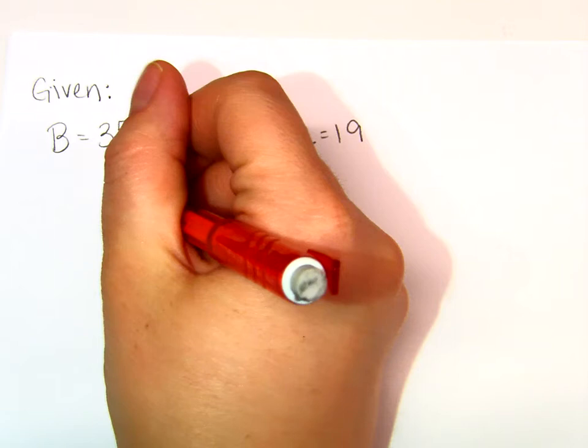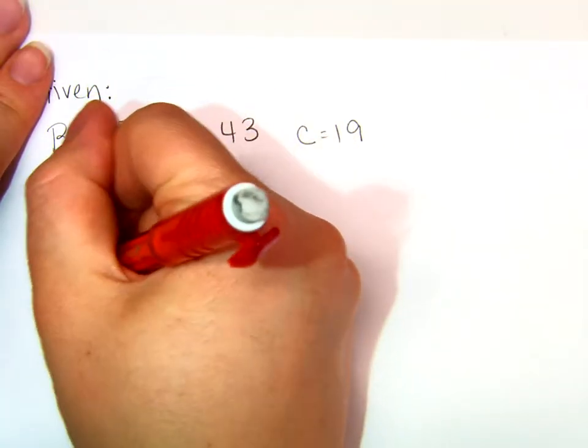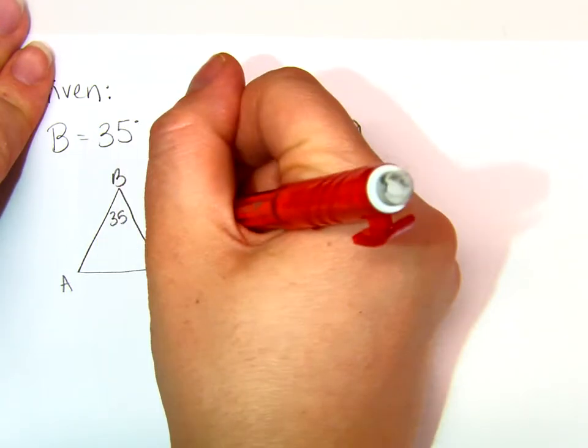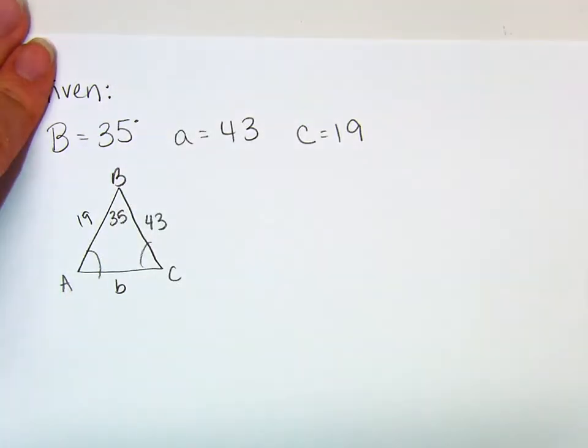So I'm going to draw my triangle again. Angle B is 35, side A is 43, side C is 19, and I don't know side B. So I want to find angle A and angle C and side B.